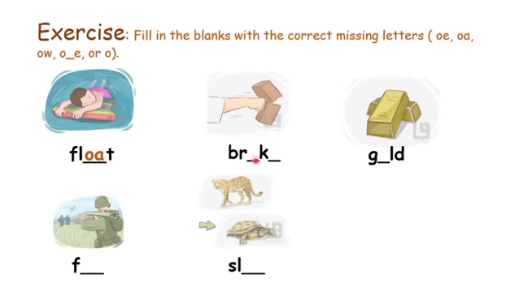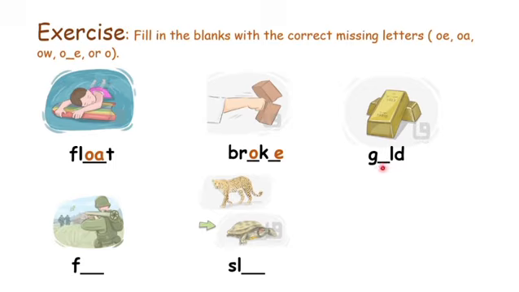The next one, I can see here, we have two blanks. This is the word broke. So I know here I should write O, then you have the consonant at the end, the magic E. So here I should write O, and here I should write E. So we have O, consonant E, broke.